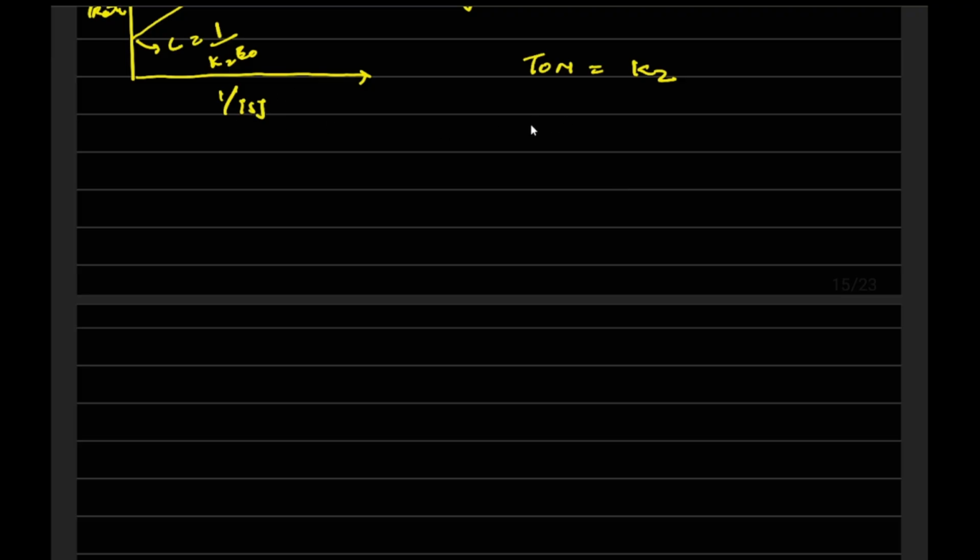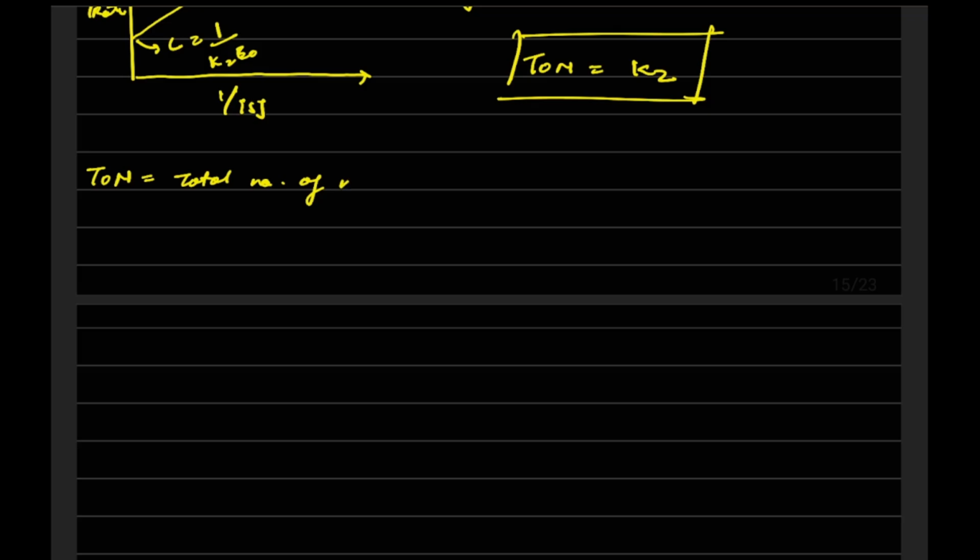So now we can write turnover number as the number of moles of reactant reacted, or product formed, divided by the total number of moles of enzyme or catalyst used.